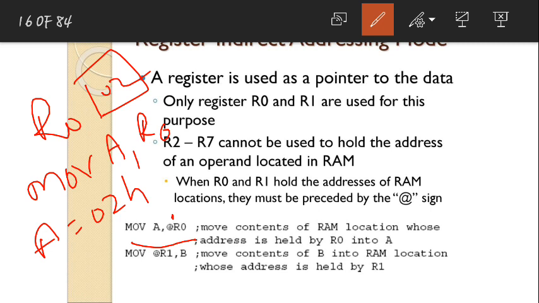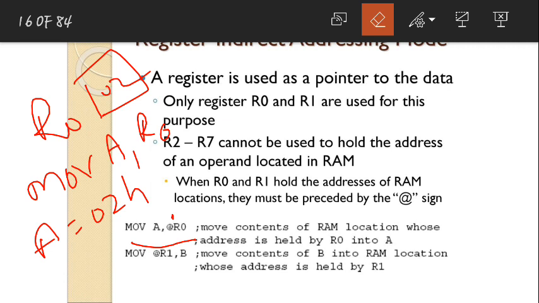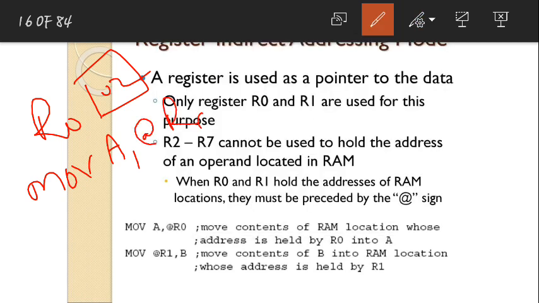But here he is mentioning that move contents of RAM location whose address is held by R0. Here he mentioned @ in front of this R0.